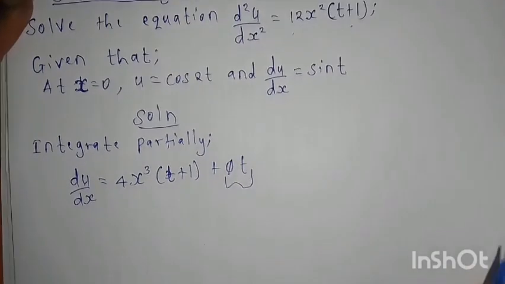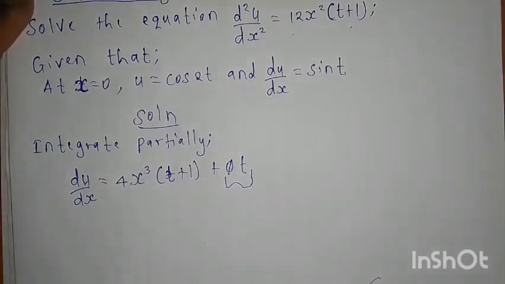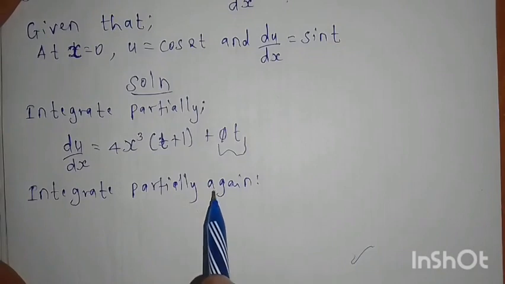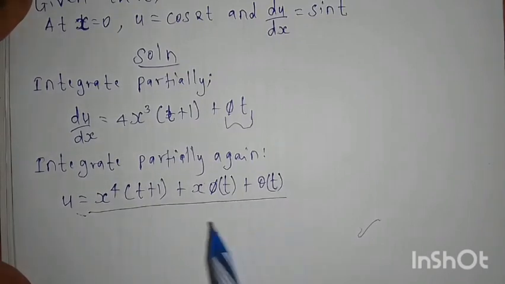That was our first step, integrate partially. Then we integrate partially again, and this is the equation we get.